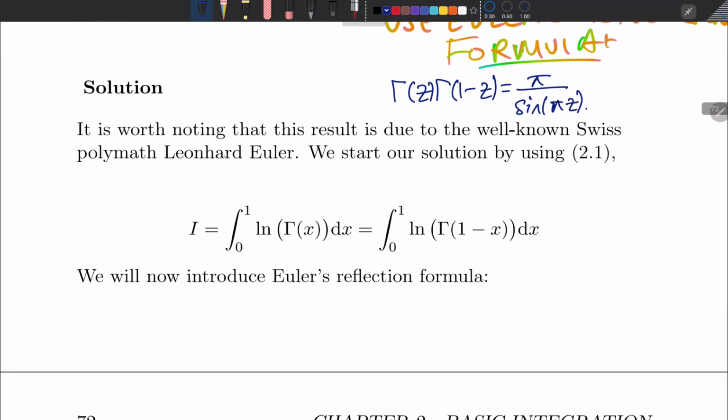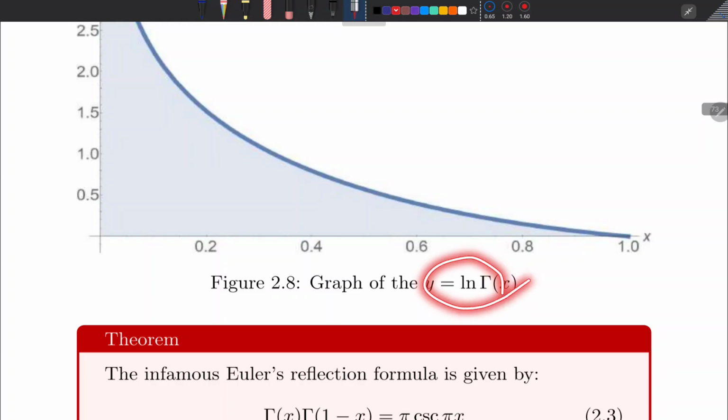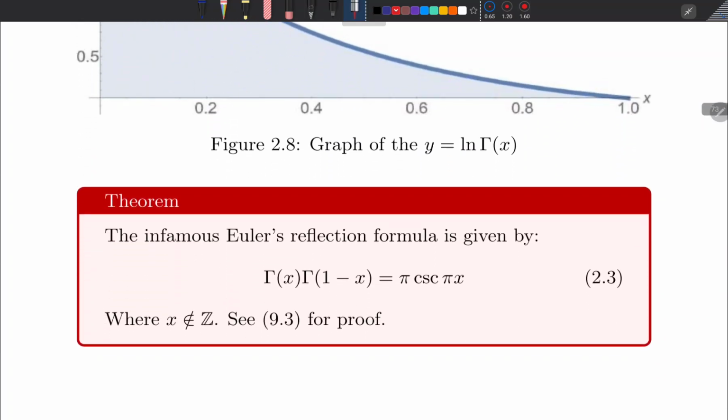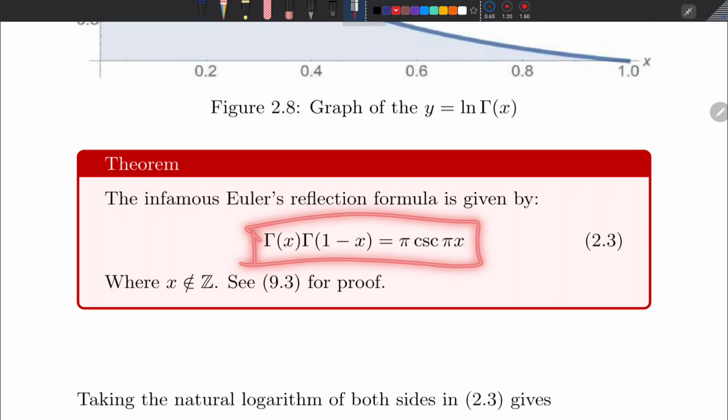Okay, wait a second, let me go through the solution of the author. And here's the curve of natural logarithm of gamma of x, not just gamma of x. This book hasn't discussed this formula yet; so far I haven't seen the proof of this in this book.